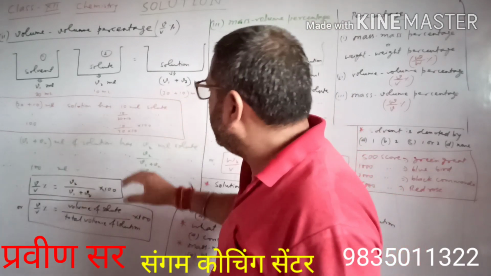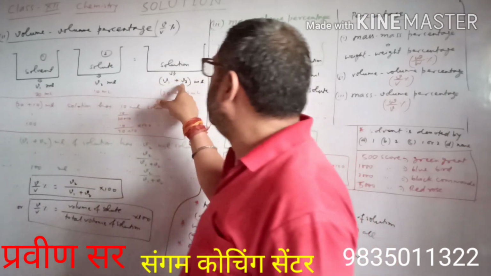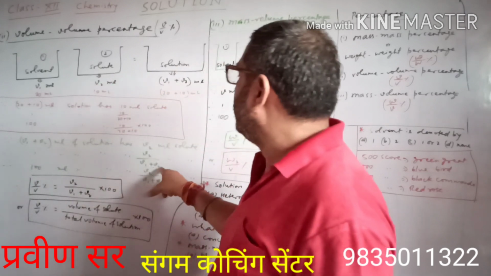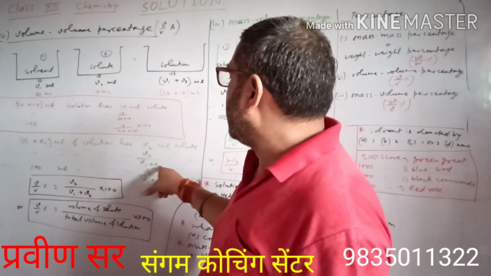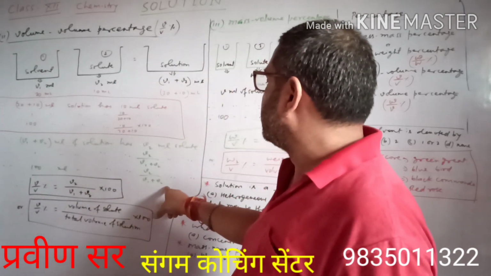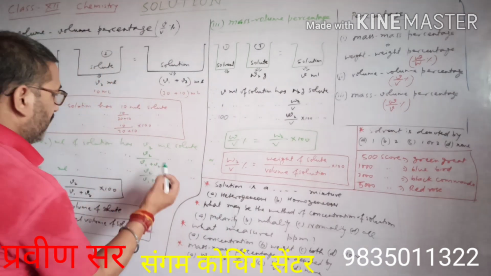In the same way, V1 plus V2 ml has V2 ml, 1 ml has V2 by V1 plus V2, and 100 ml has V2 by V1 plus V2 into 100 ml of solute.